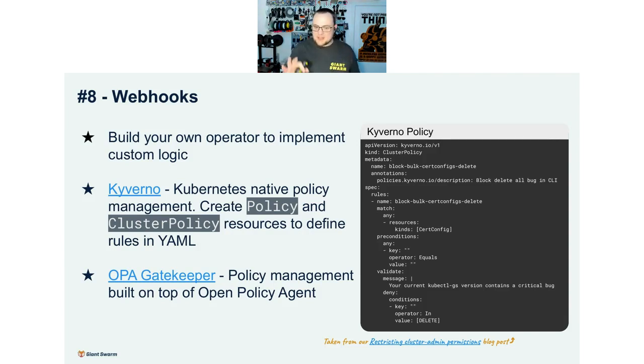Basically, if the operation is a delete and there's no specific name given, which means it's basically a delete all, it will block that and prevent it from happening while still allowing the valid operations to happen. This then allowed us to block that bug and give a message to our users saying, please update your kubectl gs version, and then we're all good once everybody's done it.